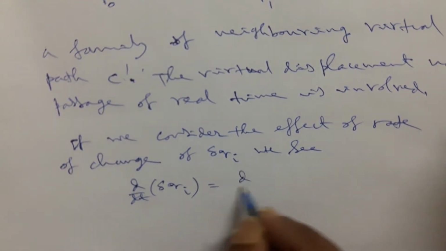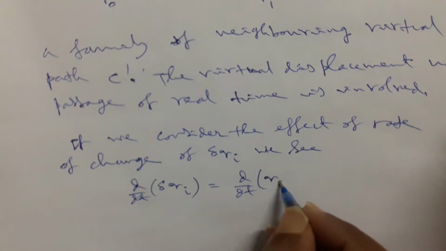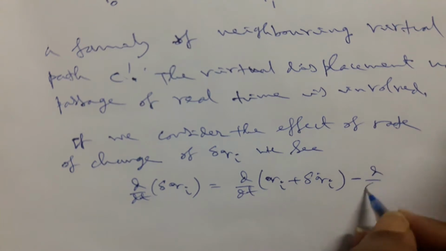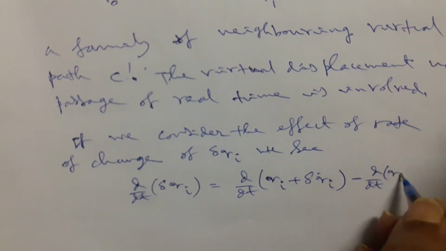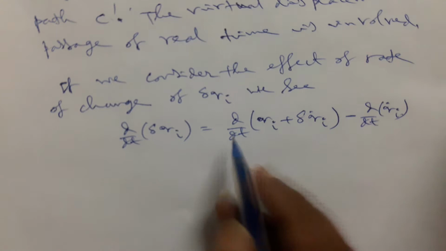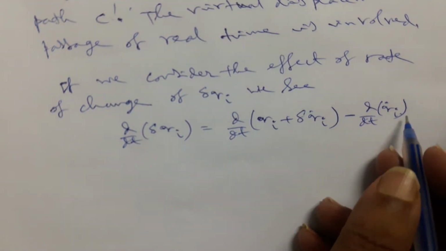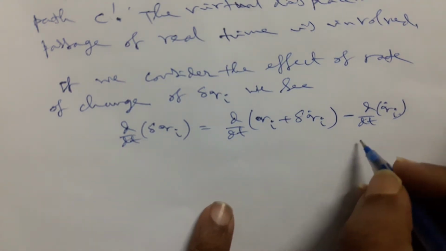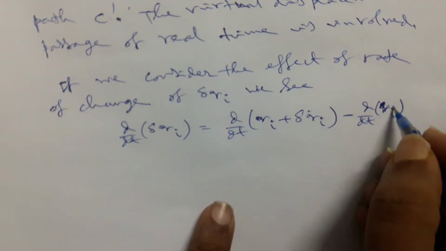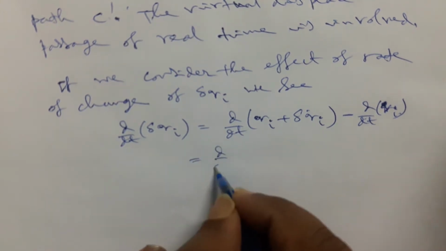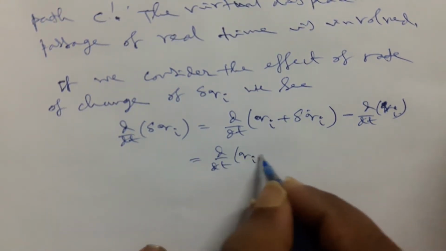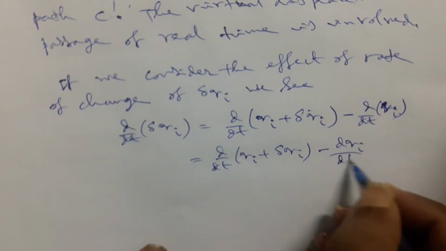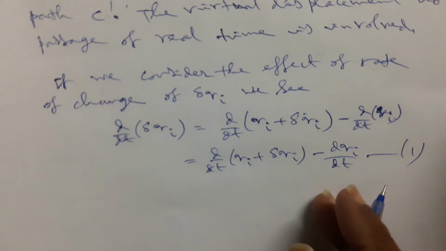If we adjust this term, then d/dt of qi plus del qi minus d/dt of qi. It's very much clear. d/dt of qi, not qi dot, so it will be d/dt of qi plus del qi minus dqi/dt, taking it as equation number 1.